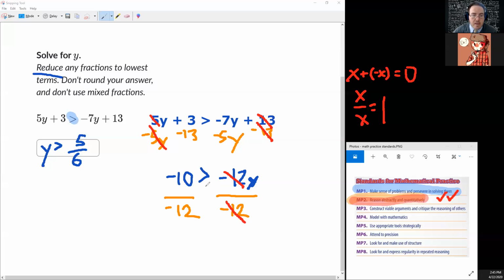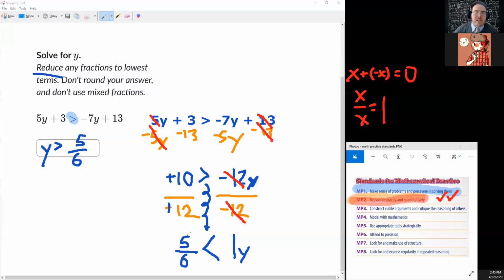But that also means, so yeah, this is going to be 1y, but I need to flip this symbol and point it this way. Negative 10 divided by negative 12. Well, negative divided by negative is positive, and 10/12 reduces the same way we had done it before into 5/6.